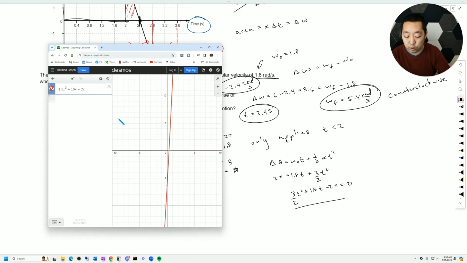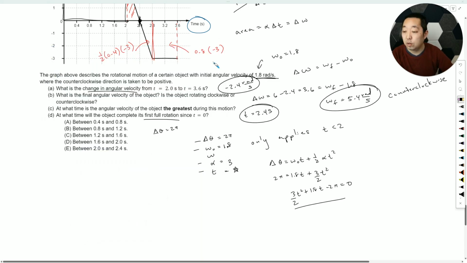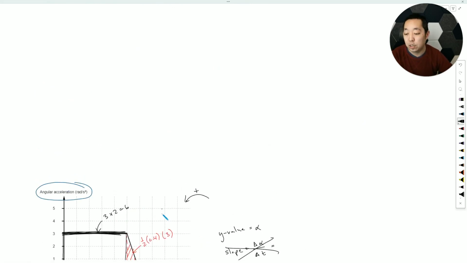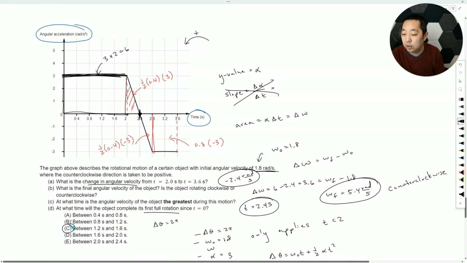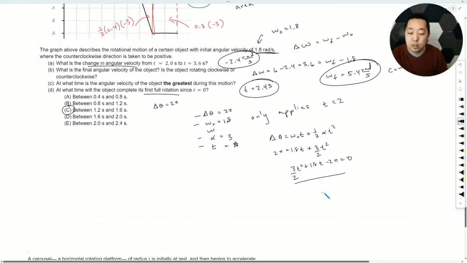Sorry, that's not right. It's not 0.339, it's 1.8. So then we have 1.533 seconds. So that means it's going to happen around, in part C. Part C is the answer there. T is equal to 1.5 something seconds.